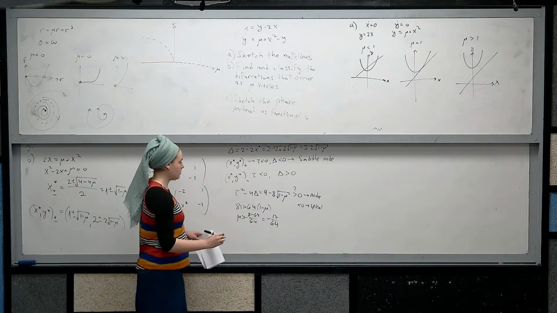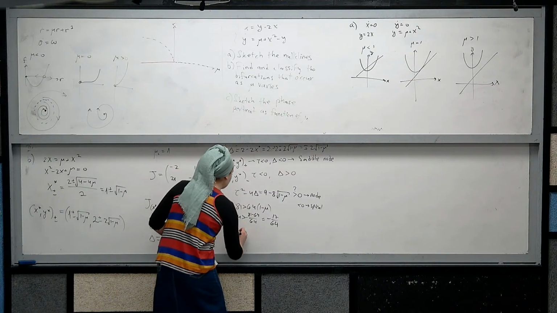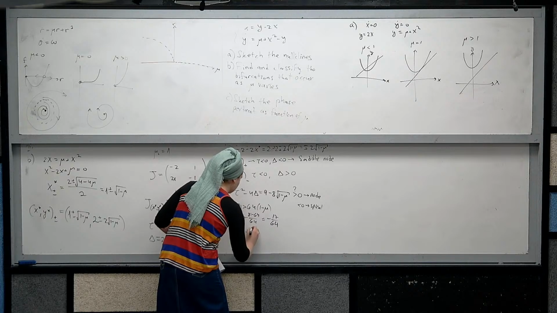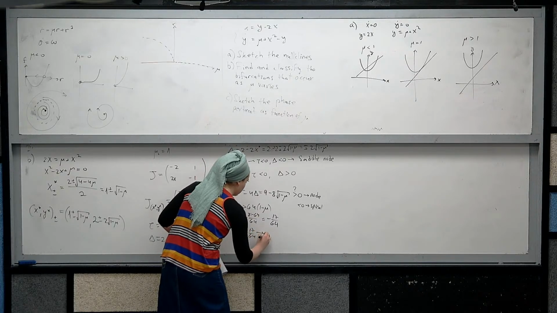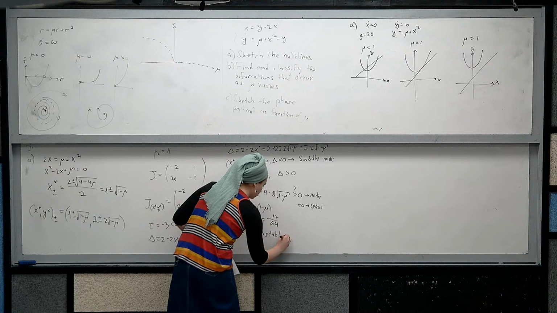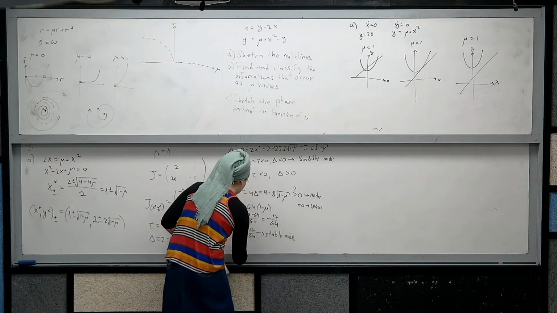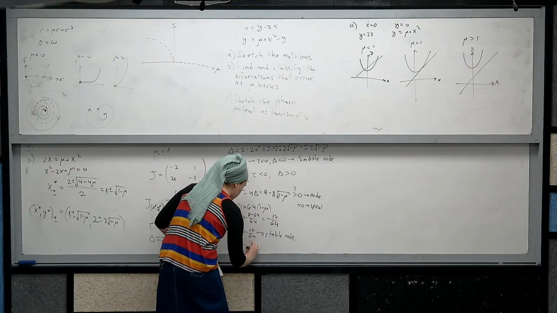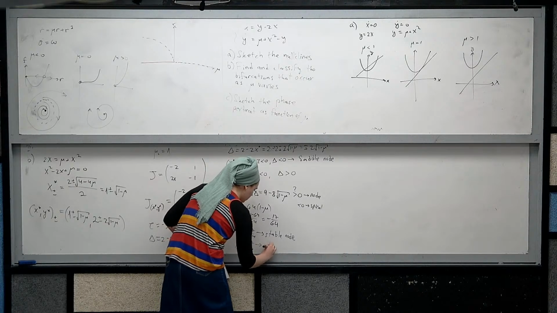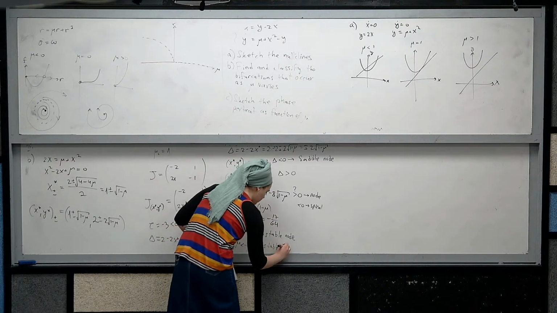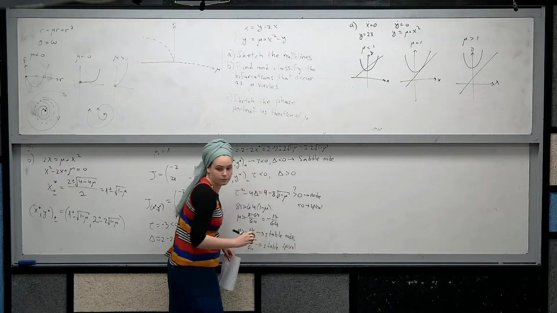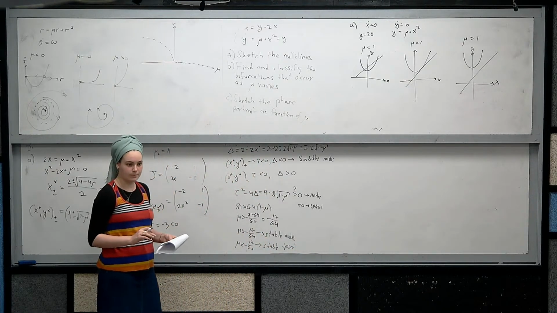Okay, so for mu lower than this, we get stable node, and for mu bigger than this, we get stable spiral. Okay? Cool.